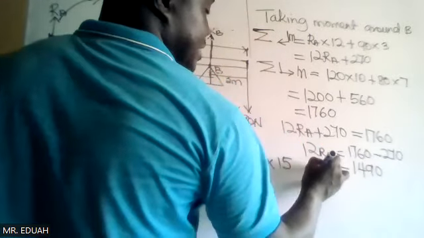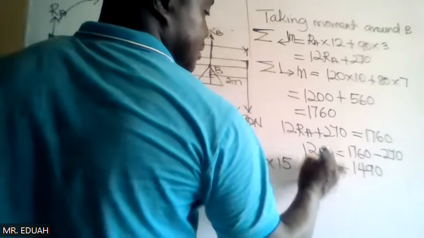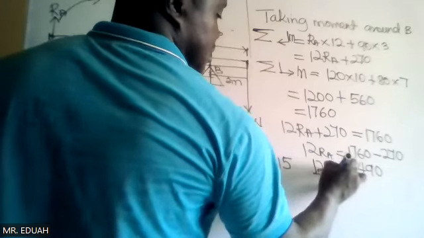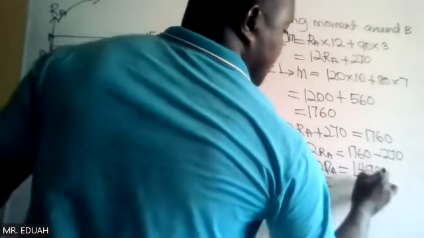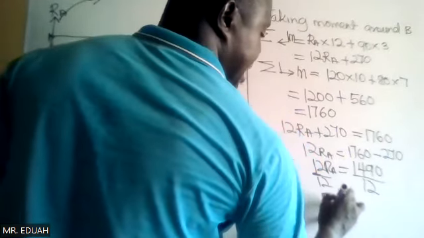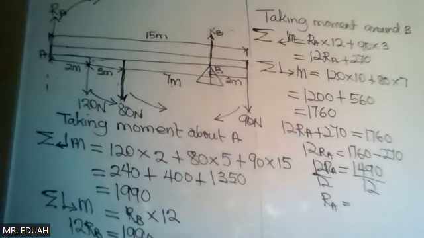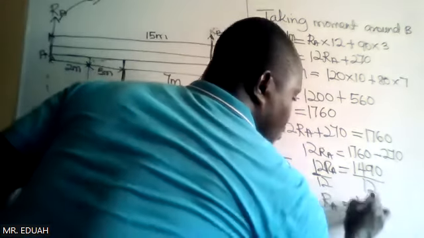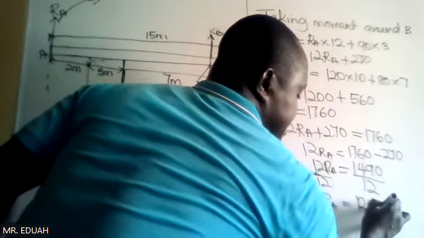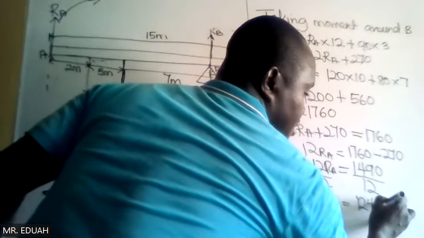So that when we divide through by 12, we have RA to be equal to 124.17.